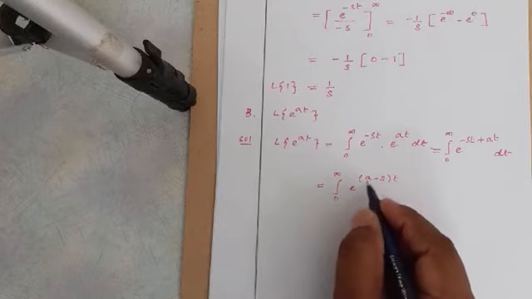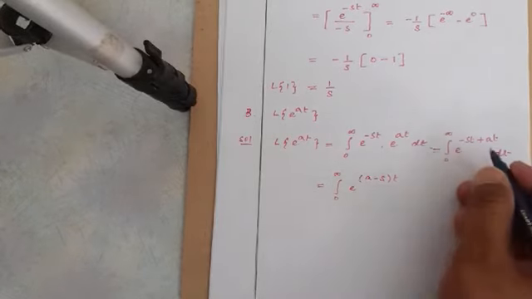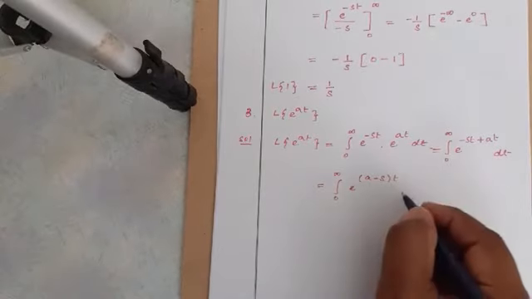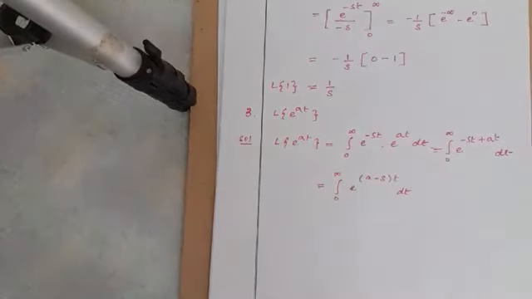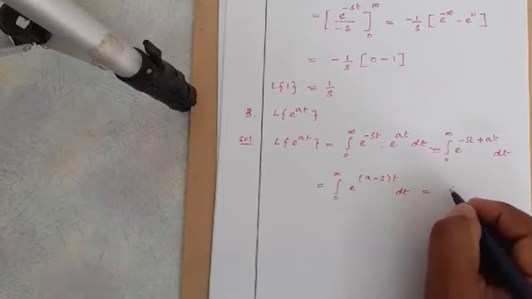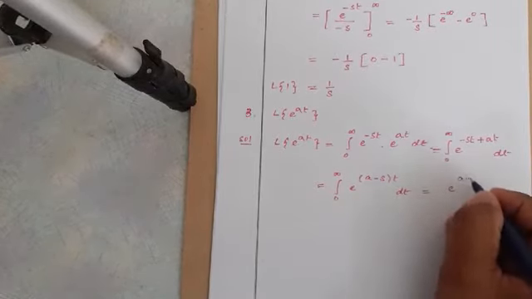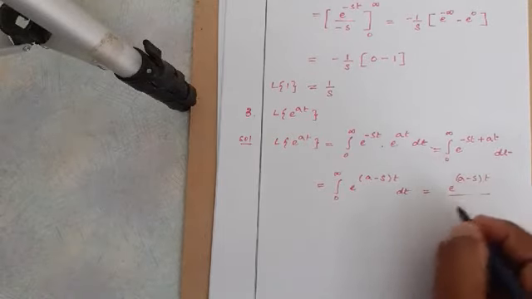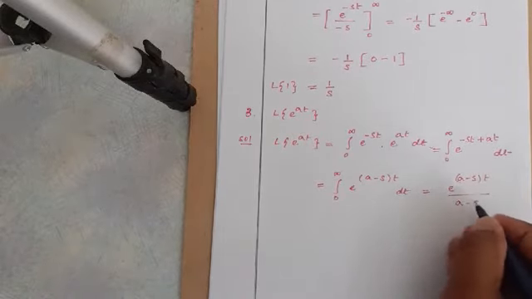So this becomes e power a into t is at, and minus s into t is minus st, into dt. Now you integrate this. When you integrate this, this becomes e power a minus s into t upon a minus s.